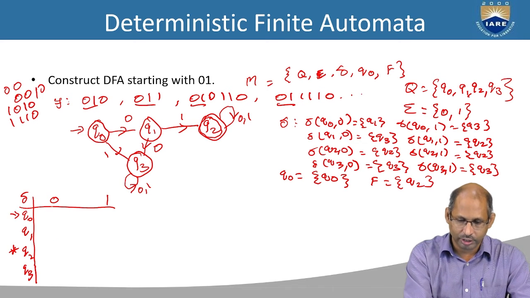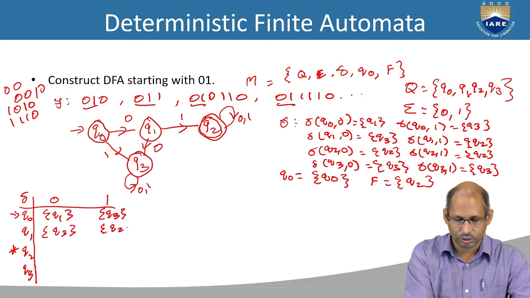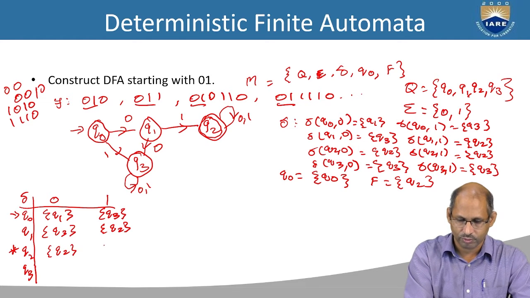Then Q0 on 0, it is Q1. Q0 on 1, it is Q3. Q1 on 0, Q3. Q1 on 1 is Q2. Right? Then Q2 on 0, Q2.